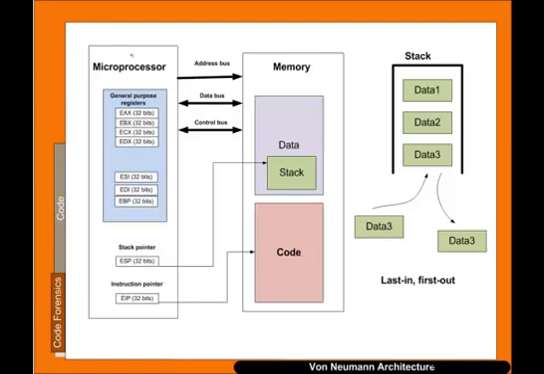Okay, so the first thing that we need to do is to really understand what's called the von Neumann architecture. Von Neumann came up with this architecture where data and code shared the same space. So we basically had a whole lot of memory, and then we segmented it up into data areas and code areas.